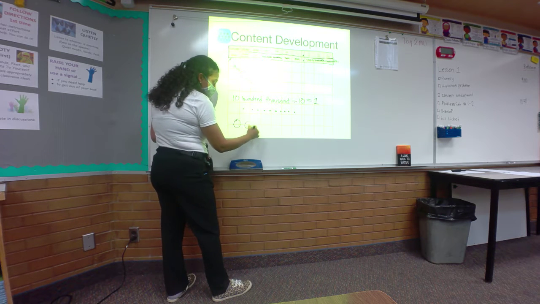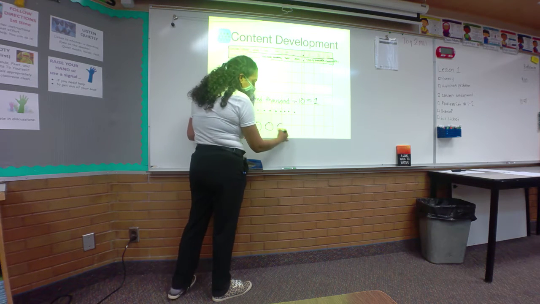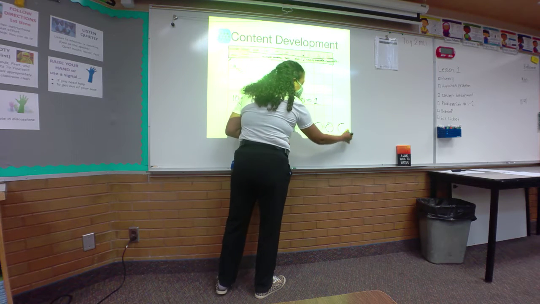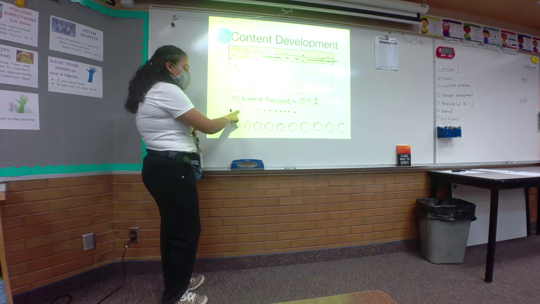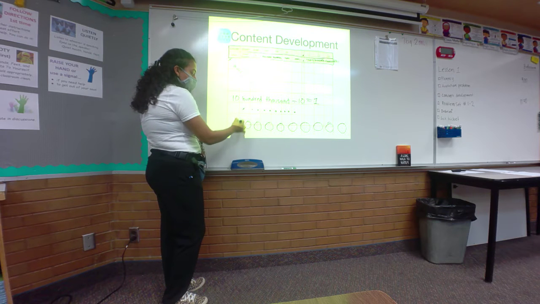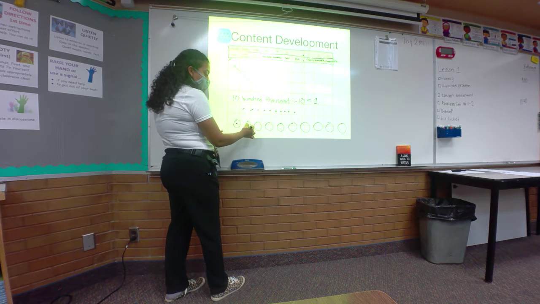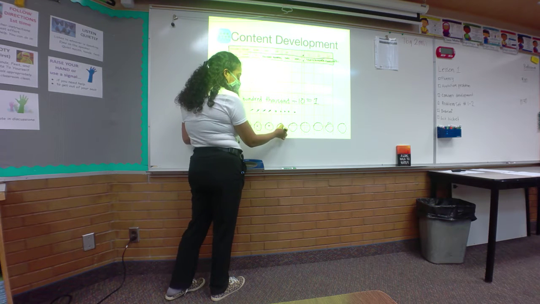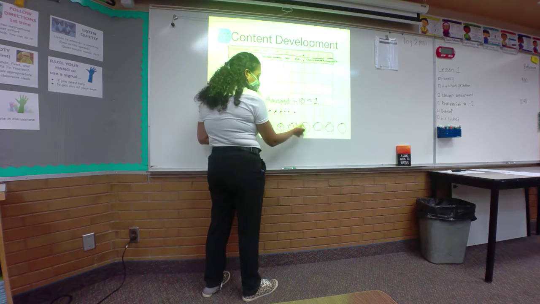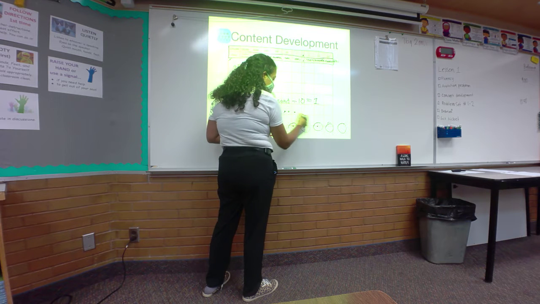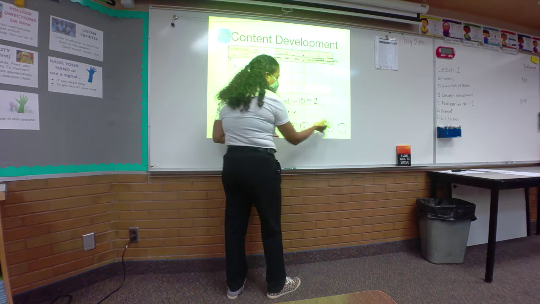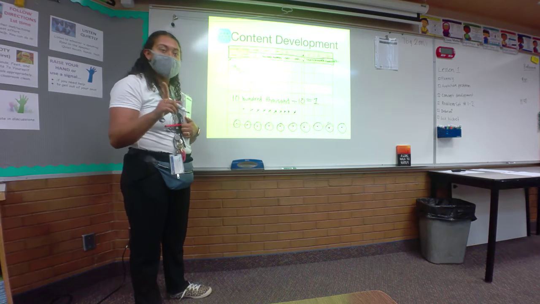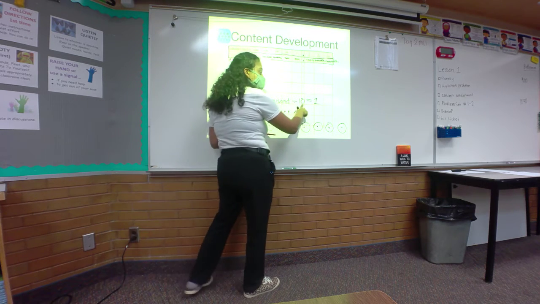How many would go in each group? 1 in each group, right? So 10 divided by 10 equals 1.